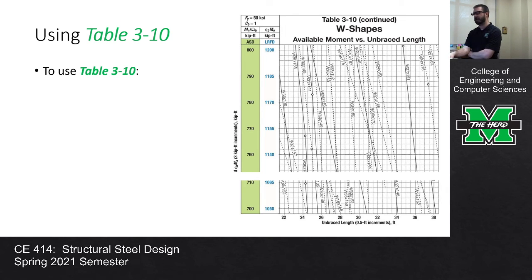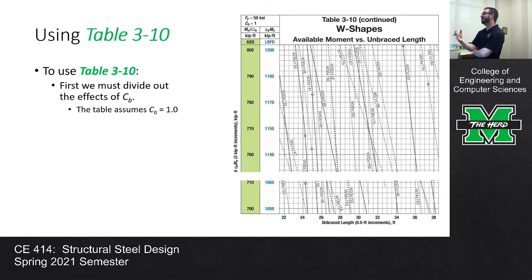Everybody watch the screen here. Okay, so if you want to use this table, first thing you have to do is divide out the effects of Cb. So if you're looking at a given beam, if you're doing the structural analysis, like some of the problems that we did today, if you're in design land, what you would do is compute your maximum moment, and whatever your segment is, you would divide out the effects of Cb. So this table assumes a Cb value of 1, so you divide that out.